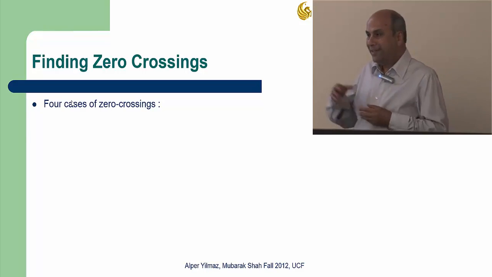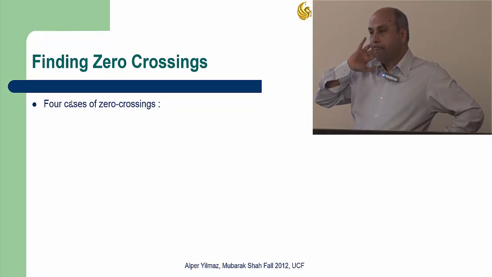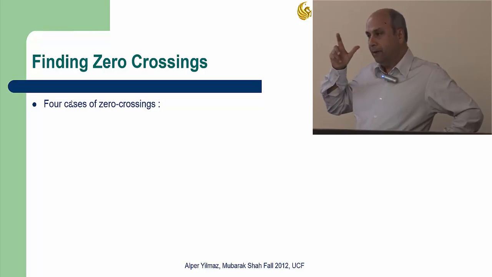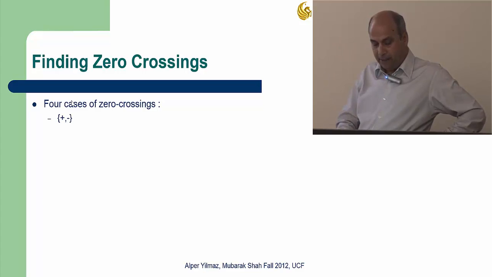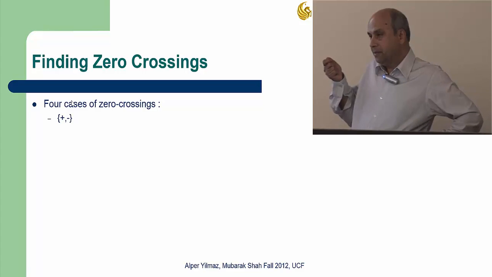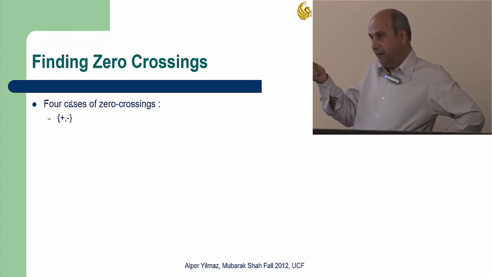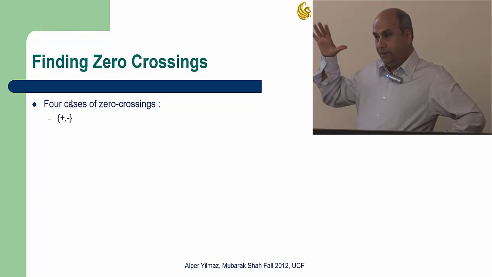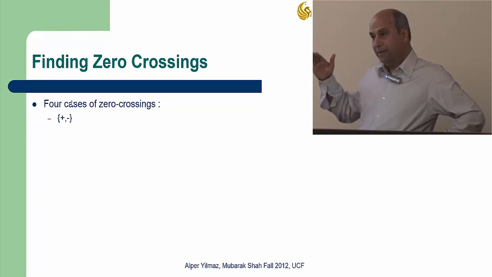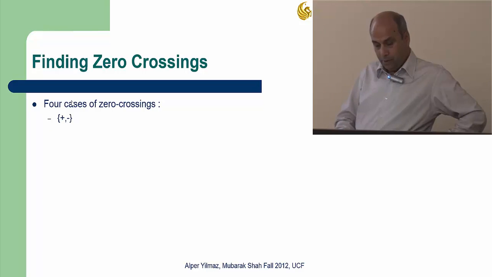So now when you scan the image, there are 4 different kinds of zero crossings that can happen. One is the pixel is positive and the next pixel is negative. That's a zero crossing, because positive, negative, somewhere it has to be 0. Because it's a discrete image, we don't know exactly where it became 0, but it's obvious: positive, negative.